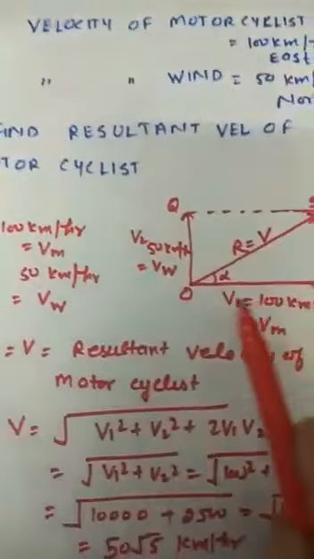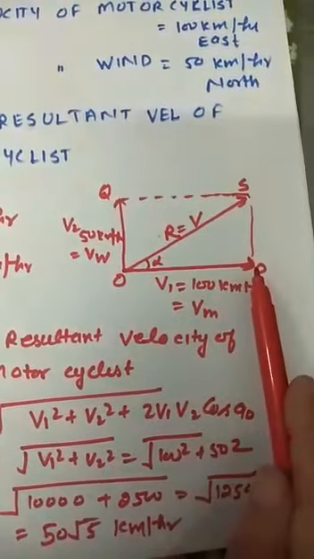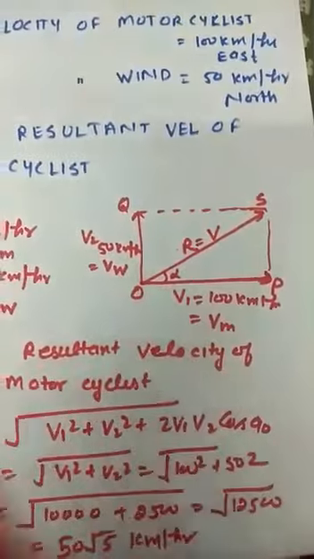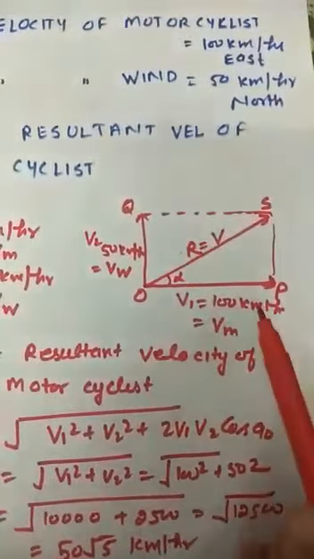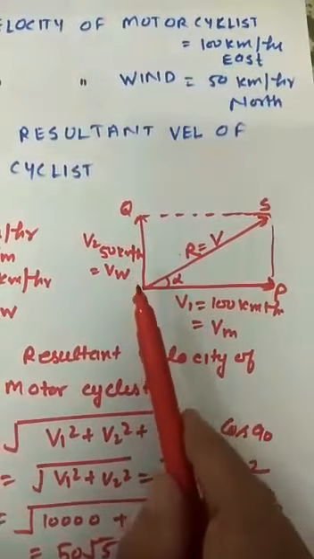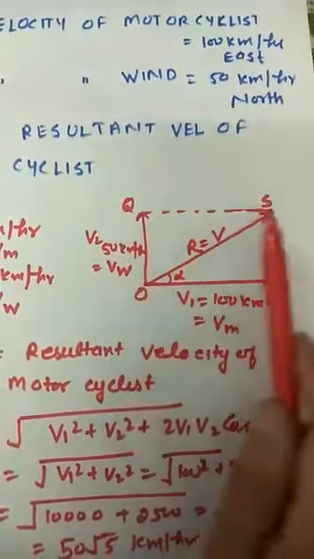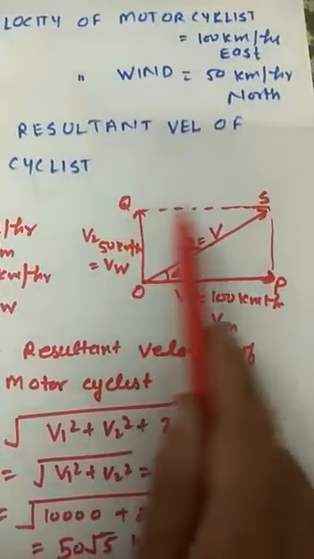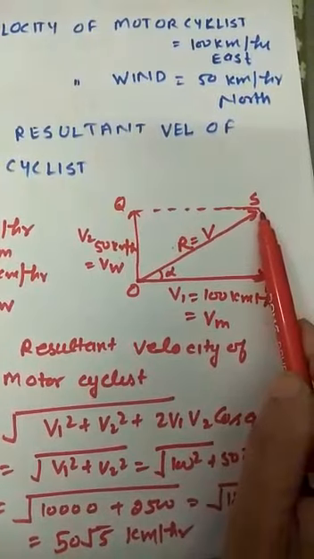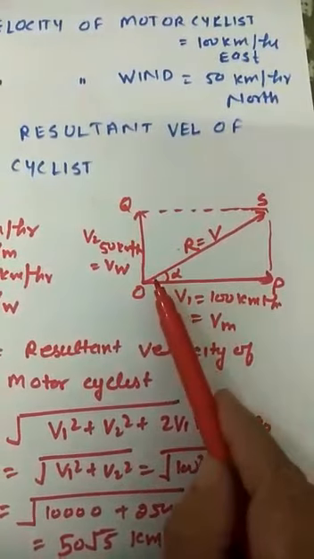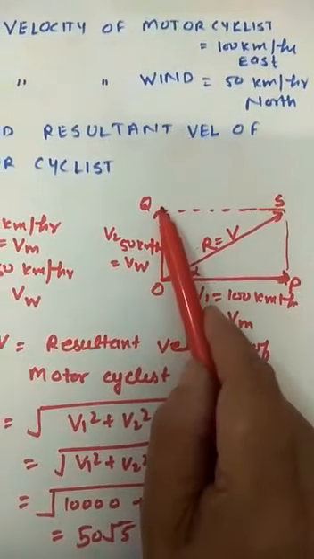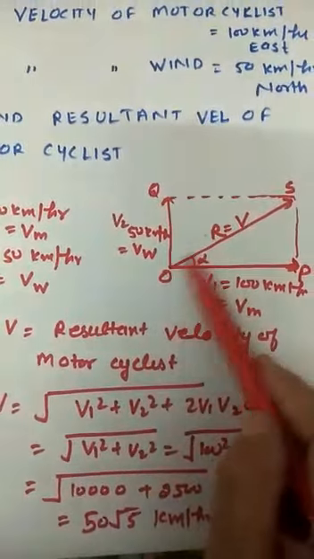This is the velocity of the motorcyclist towards east, this is the wind towards north, and this is the resultant velocity.